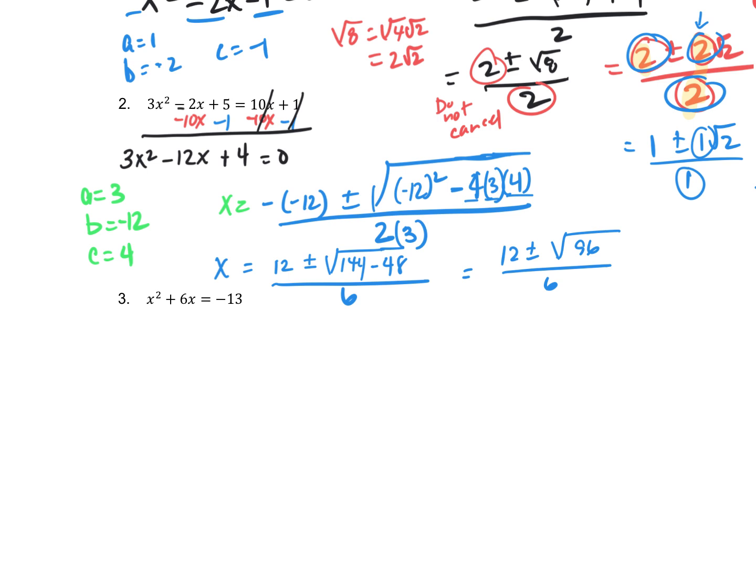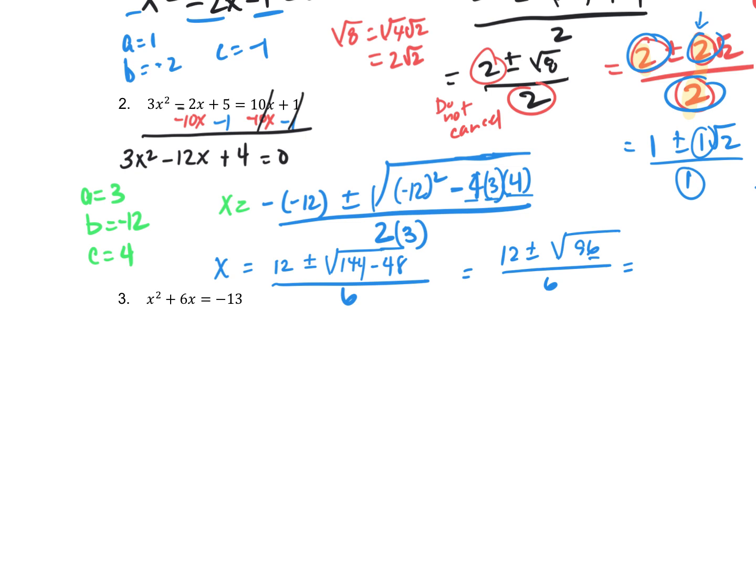Okay, so now we're going to look at this 96 and figure out how we can simplify that. Again, find the largest perfect square. I know when I do the math and divide it out, I'm going to divide it by perfect squares. If I have a 6 here, I'm going to think of 4, 16, 36. 36 is too big.